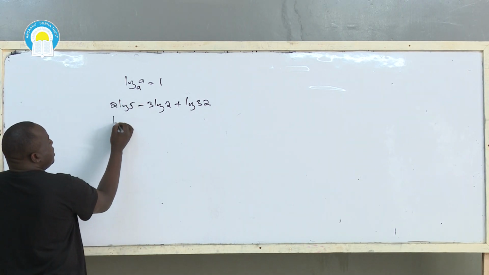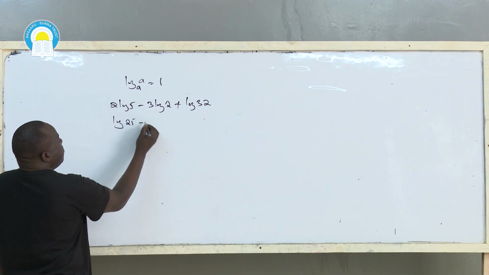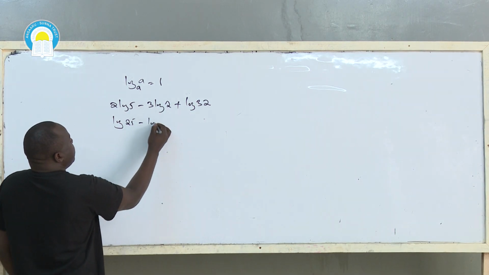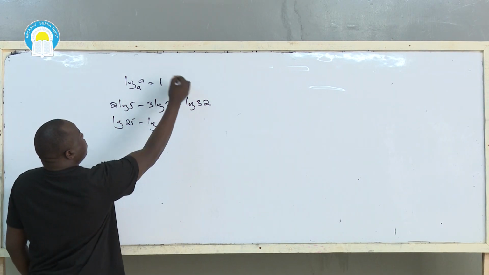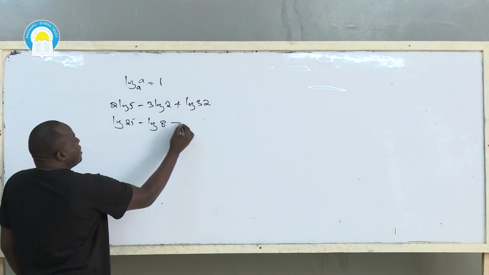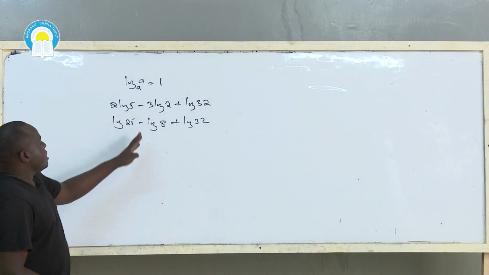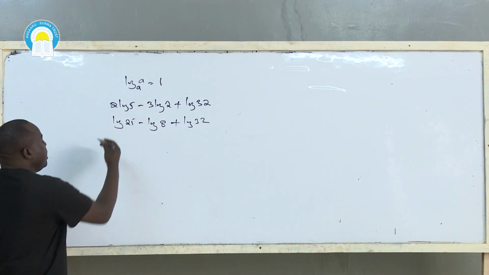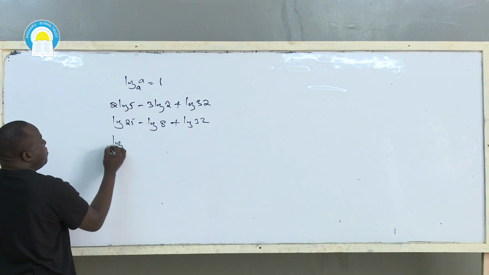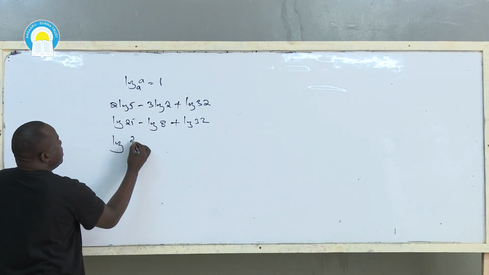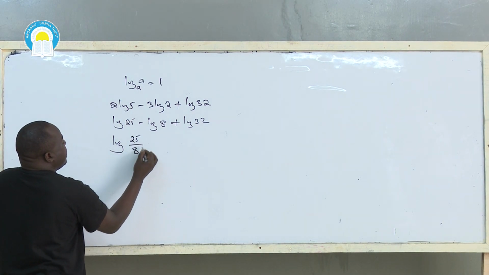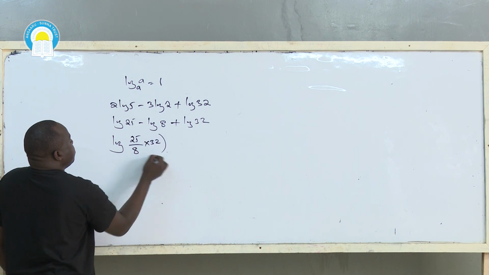So this statement should read log 25 minus, again for this it will be log 8, because 2 raised to 3 is the same as 8, then plus log 32. Okay, just using the first and the second law, this as a single log should be the same as log 25 over 8, then times 32.